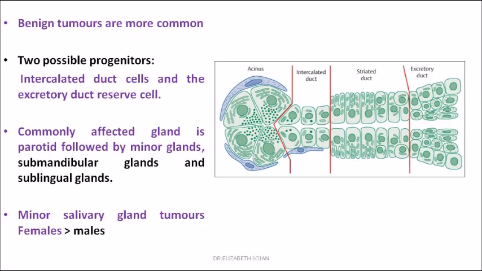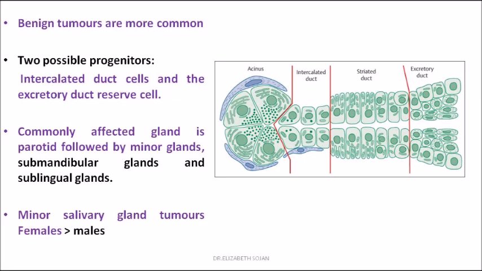Not all tumors are contributed by them, only a few. Myoepithelial cells contribute to pleomorphic adenoma, as I told you in the first lecture, and the serous and mucous acini contribute to acinic cell carcinomas. That is how they act as progenitors.